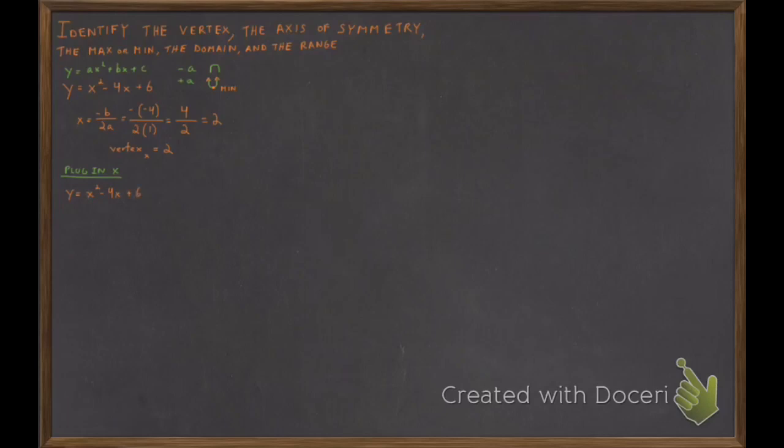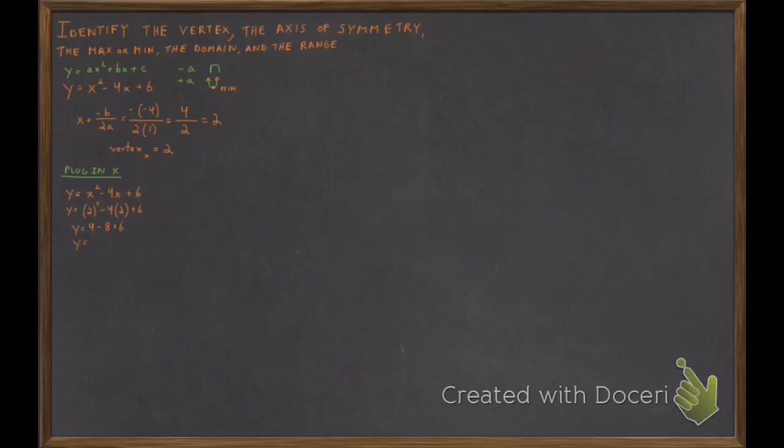Now we can substitute in that x-coordinate. So we get y equals parentheses 2 squared minus 4 parentheses 2 plus 6. And we get y equals 2 times 2 is 4, minus negative 4 times 2 is negative 8, plus 6.